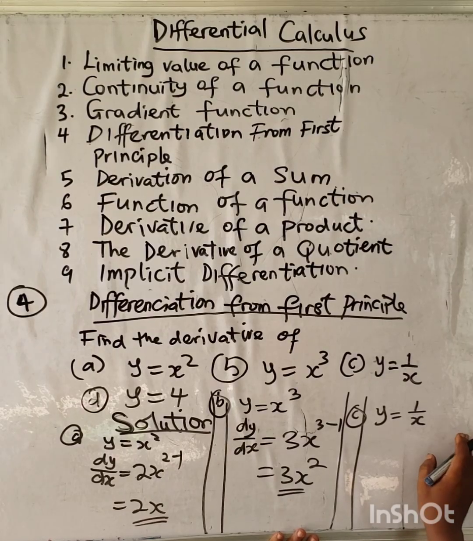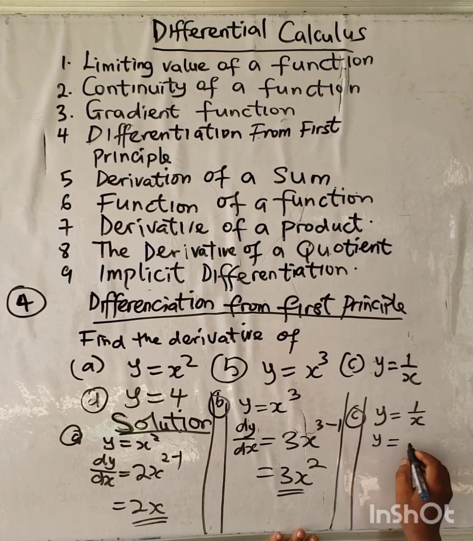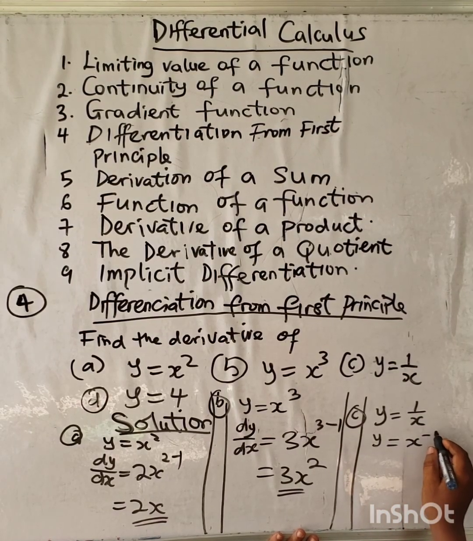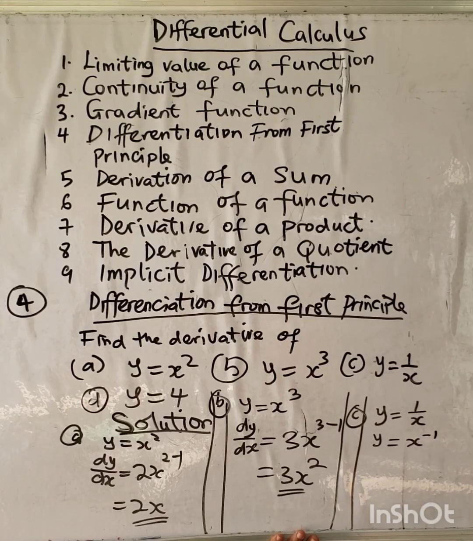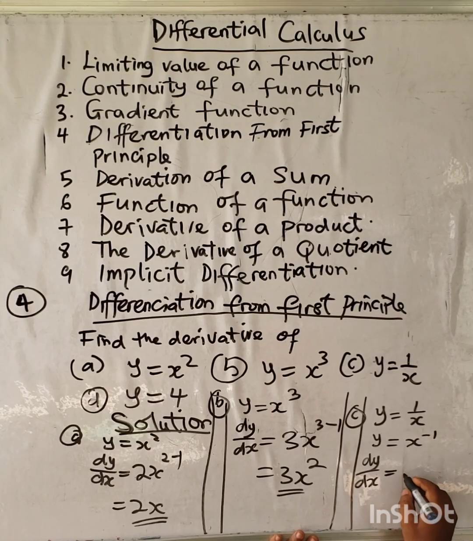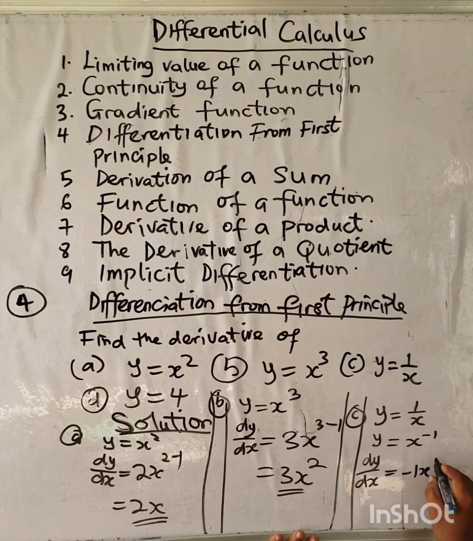Is it not equivalent to this? Therefore, y can be written as x raised to power minus 1. We can then differentiate now. The dy/dx is minus 1x, or you can write minus x raised to power minus 1 minus 1. This will become minus x raised to power minus 2.